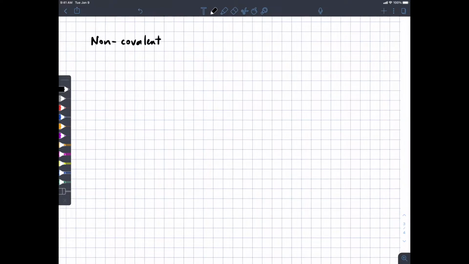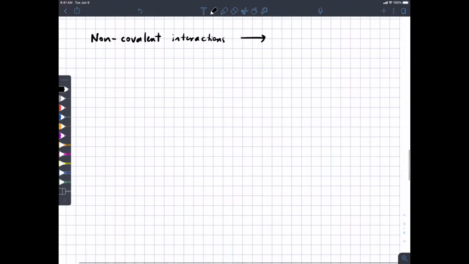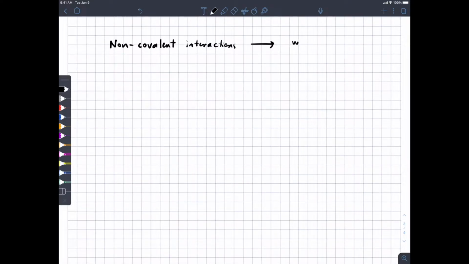Having two groups close to each other where the free energy is lower if they're close to each other versus far apart. Only it's not a full covalent bond. So generally for non-covalent interactions, we're looking at them being worth anywhere from, I don't know, 5 to 20 maybe kilocalories per mole.